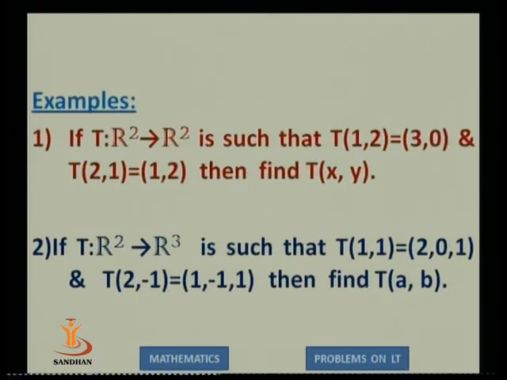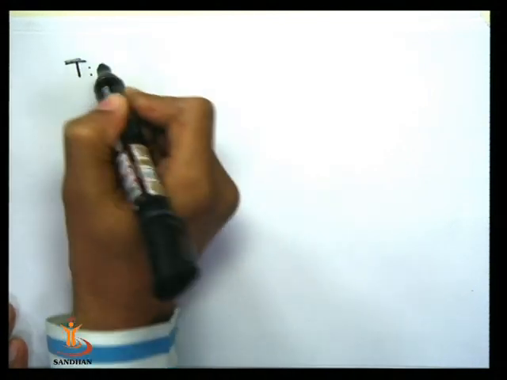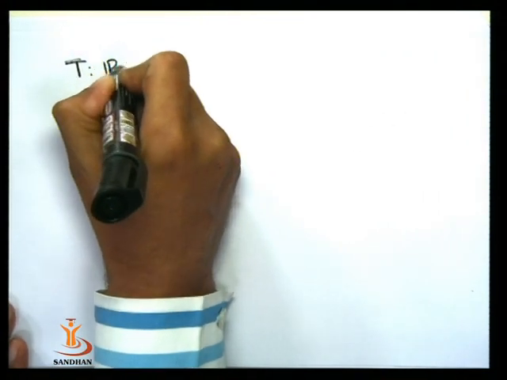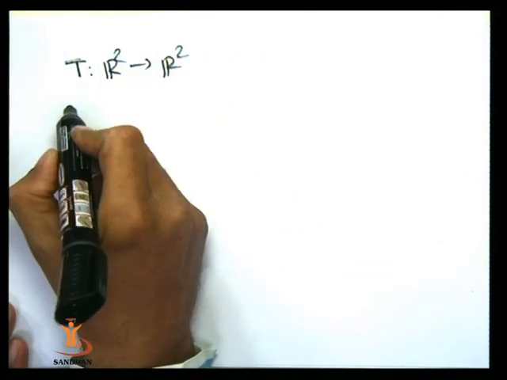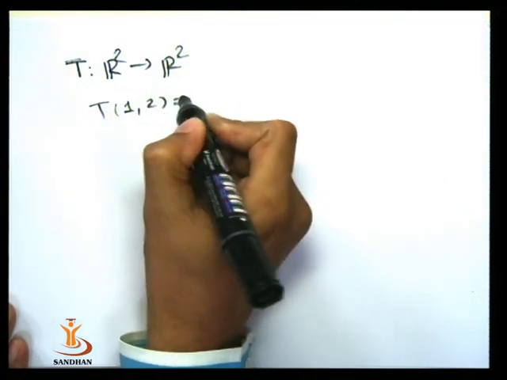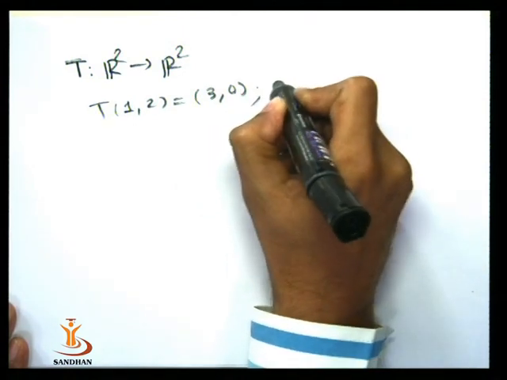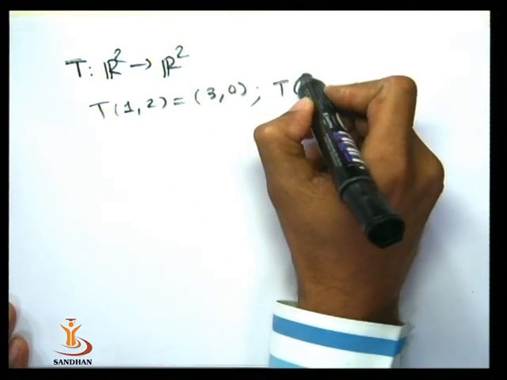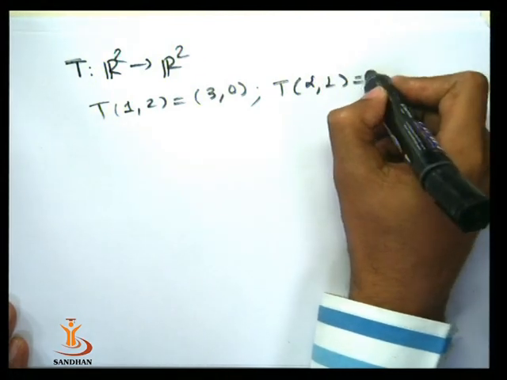Then we have to find the function T, that is, the rule of T. Here we are given that T is from R2 to R2 defined as T of (1, 2) is equal to (3, 0) and T of (2, 1) is equal to (1, 2).